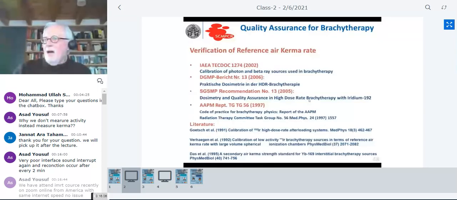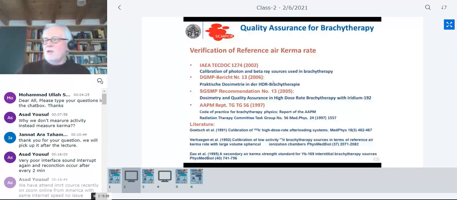This here gives you some literature on the verification of the air kerma rate. These are things that you should have if you perform brachytherapy, and here's where you can look them up. The most important document is this TecDoc 1274 by IAEA, which describes the calibration process both by the standards laboratory and by the user in the clinic.